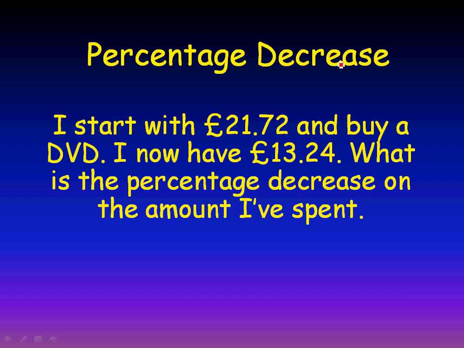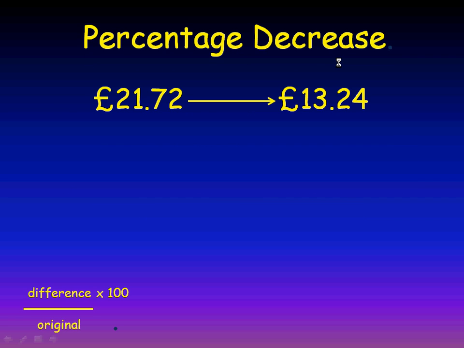Now remember, we are not only looking for the amount that the DVD cost, but also what is that as a percentage. So I need to look at £21.72 down to £13.24. What is the difference initially? Again, I'm going to find this by taking my larger value and taking away the smaller value, because that gives us the gap in between.